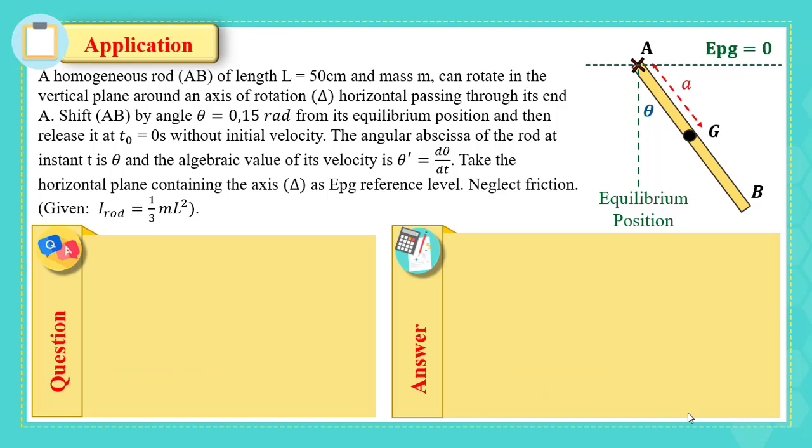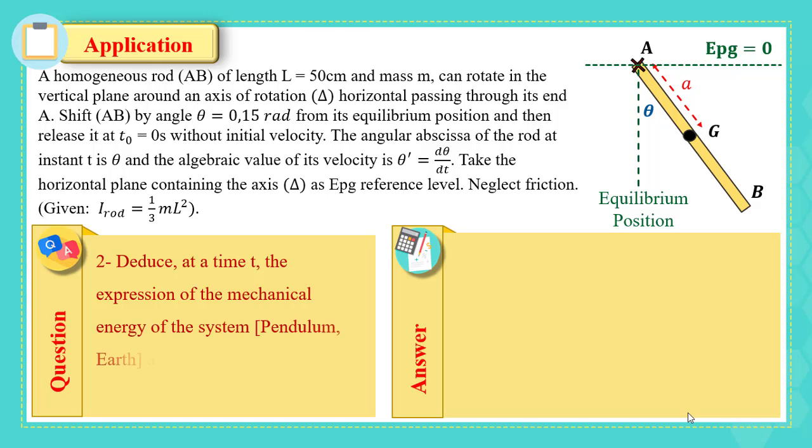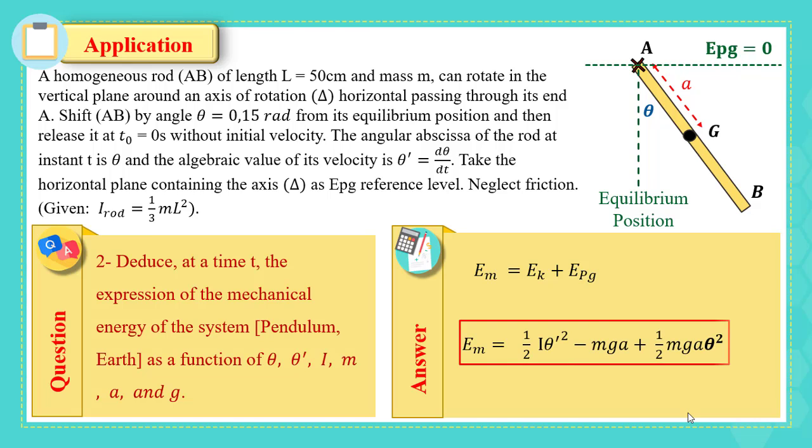The second part, deduce at a time t the expression of the mechanical energy of the system as a function of theta, theta prime, I, m, a, and g. We start with mechanical energy equals kinetic plus gravitational potential energy. Then, just write each one by its expression.